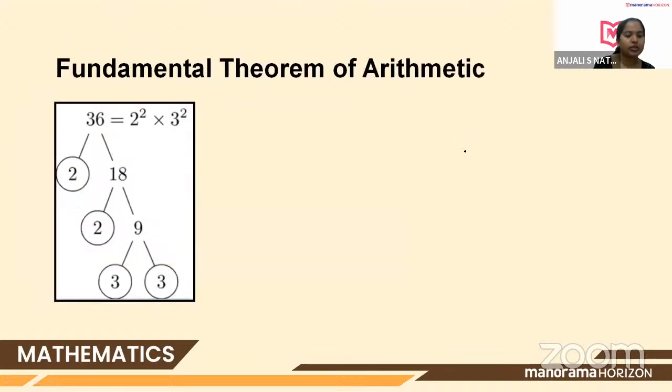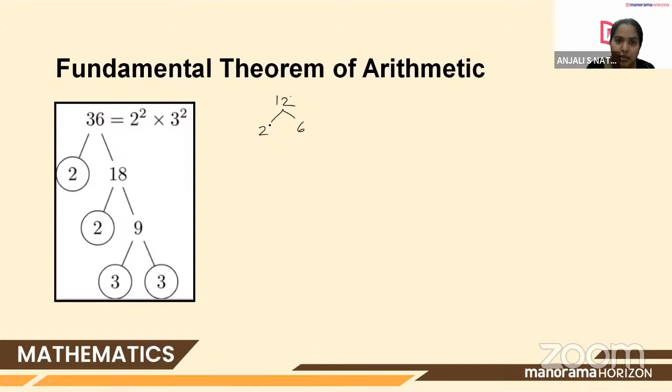So our first theorem in this chapter is the fundamental theorem of arithmetic. How can we simply say what the fundamental theorem of arithmetic is? It is a unique factorization theorem, a unique prime factorization theorem. I will explain it with an example. If you want to factorize the number 12, we can split it into 6 into 2. 6 into 2 is 12.